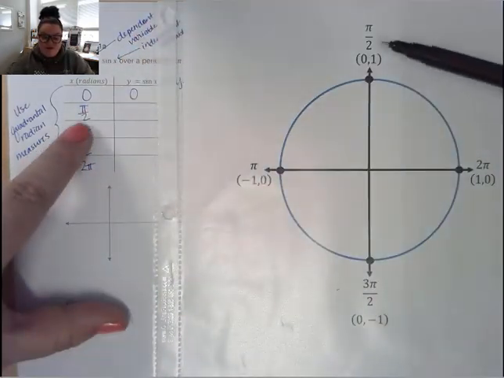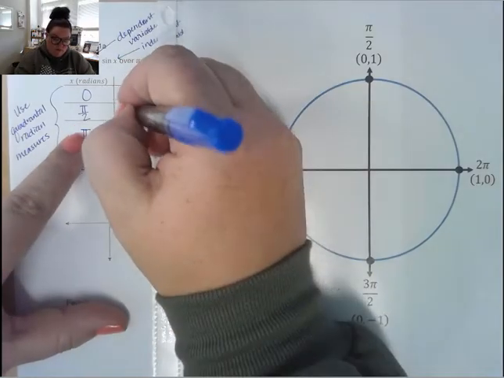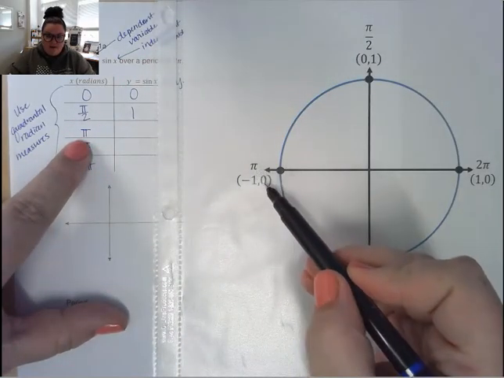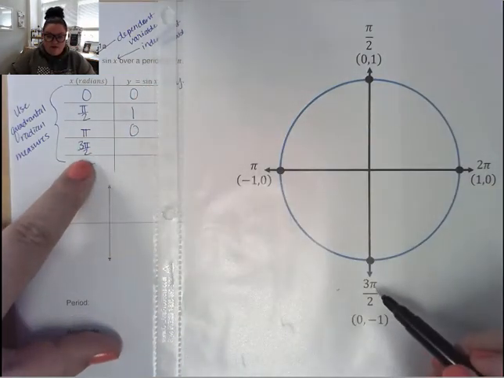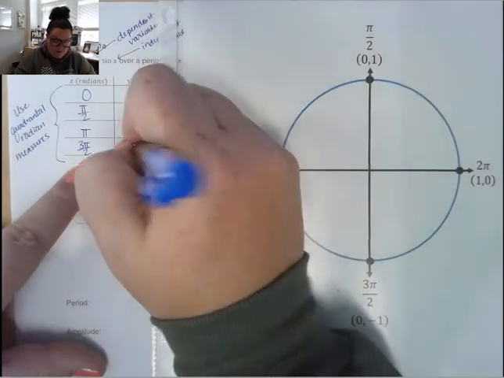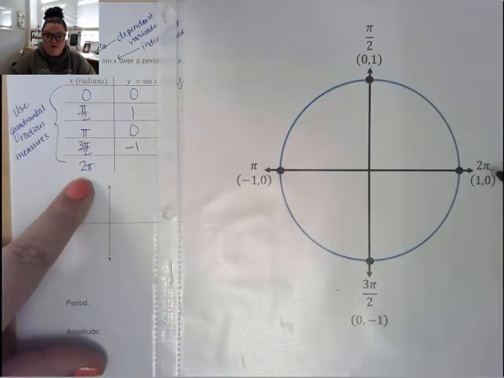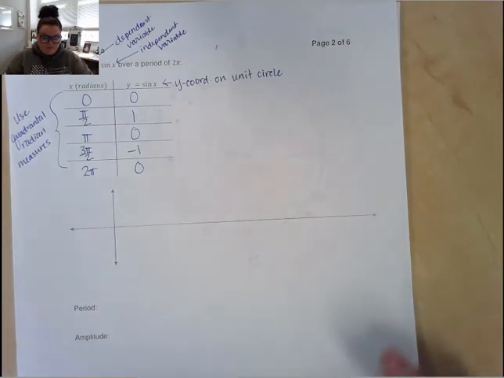At pi over 2, my y value is 1. At pi, my y value is 0. At 3 pi over 2, my y value is -1. And when I complete my circle at 2 pi, my y value is back at 0. I'm just pulling those straight off the unit circle.